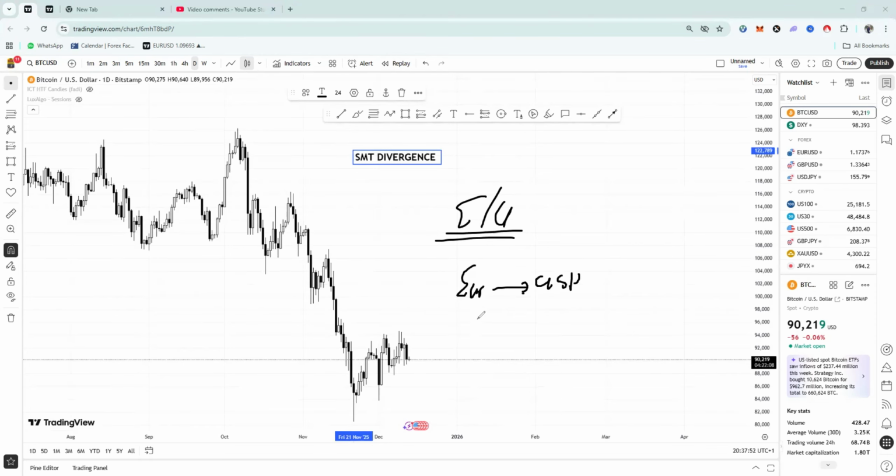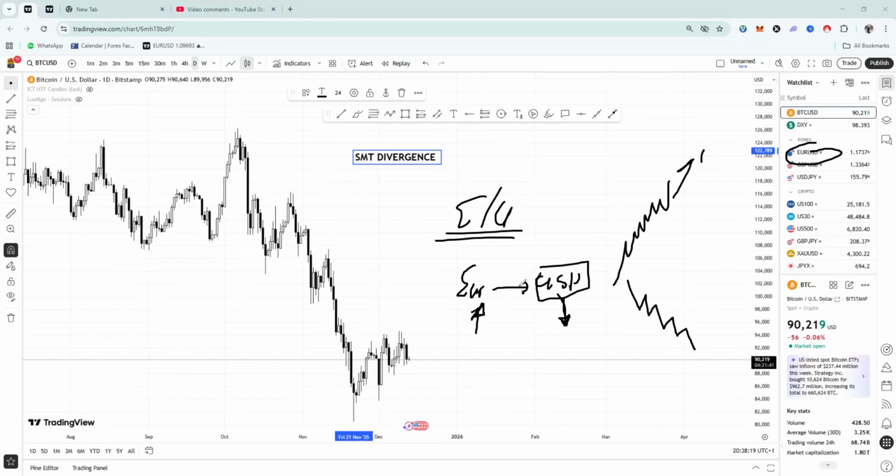If Euro is going to be stronger than DXY, or than US dollar, what should happen is that the market of Euro USD is going to be pushing higher, or the chart is going to be pushing higher. But if the dollar is stronger than Euro at the current moment, then the chart is going to be pushing to the downside.